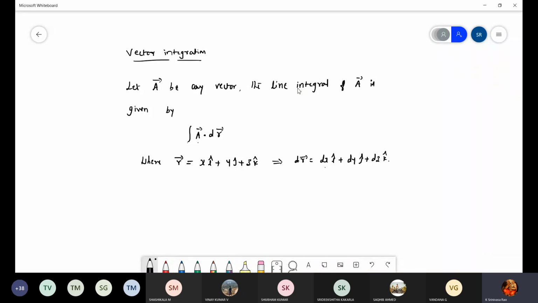With some substitution, or they will give what is C, the curve, you have to use that equation and convert it into a single variable. Then integrate, and they will give points from A to B that you substitute as upper and lower limits. Simple integration as usual, like differentiation; here the integration part comes.